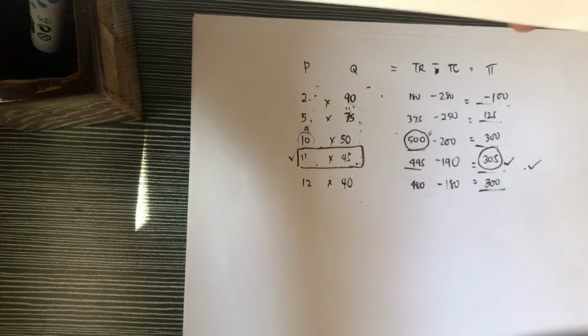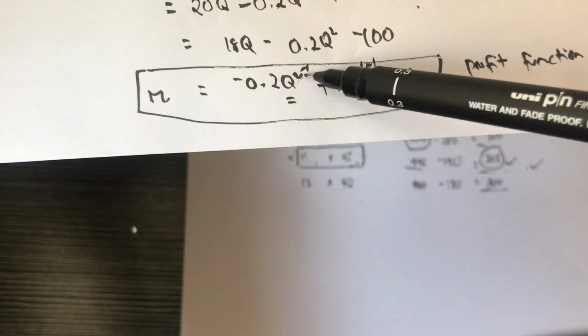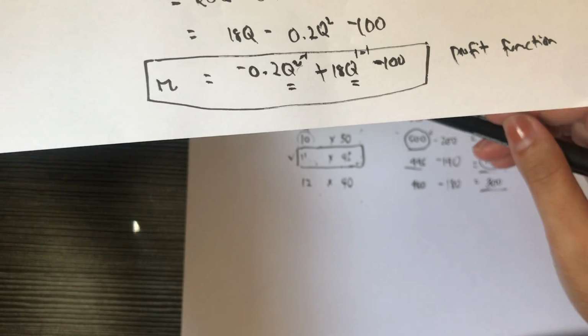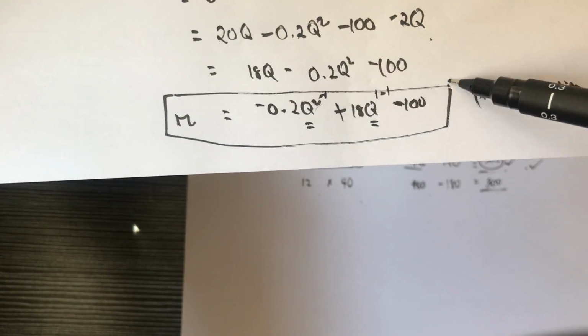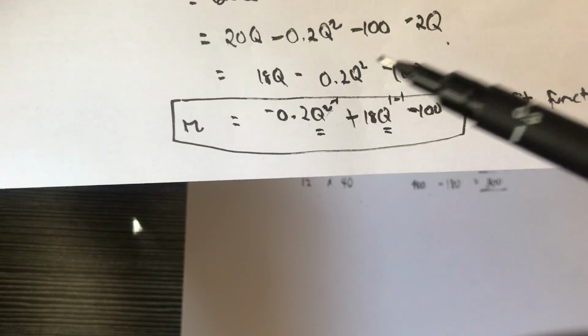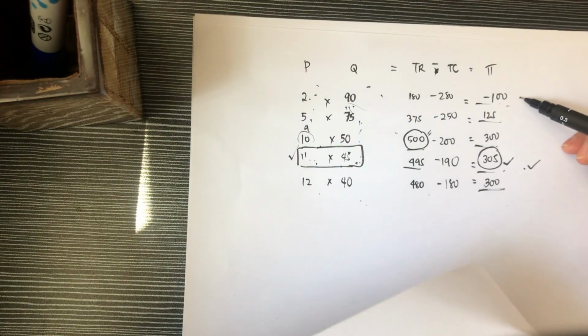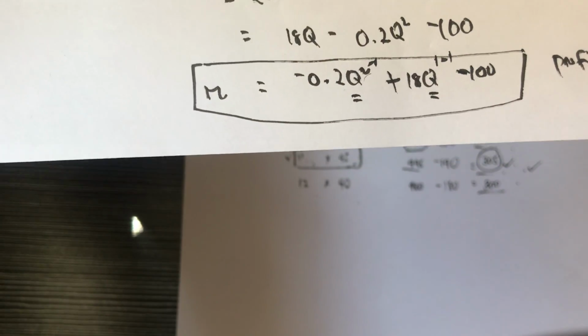So this is what you're going to do. If you want it difficult, that's it. Just replace Q with any quantity, with all of those quantities there. So put 90, or 75, or 50. You will still be able to get negative 100, 125, 300, 305, and 300 using the profit function here.